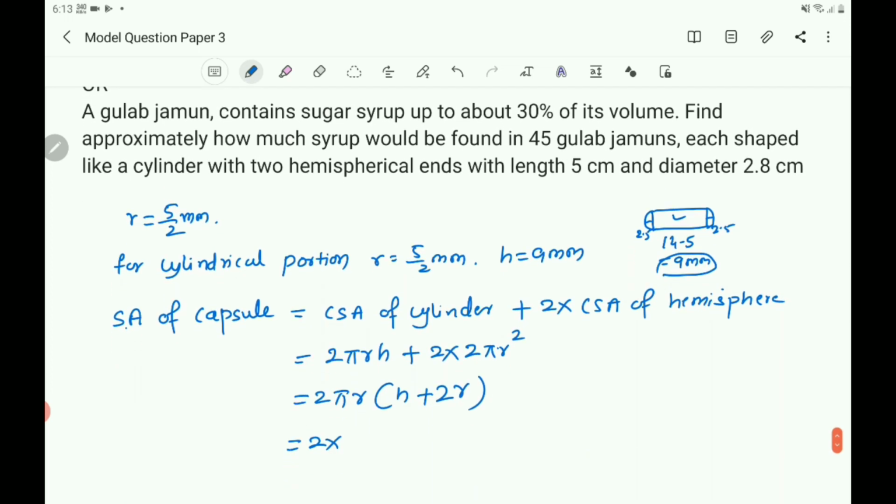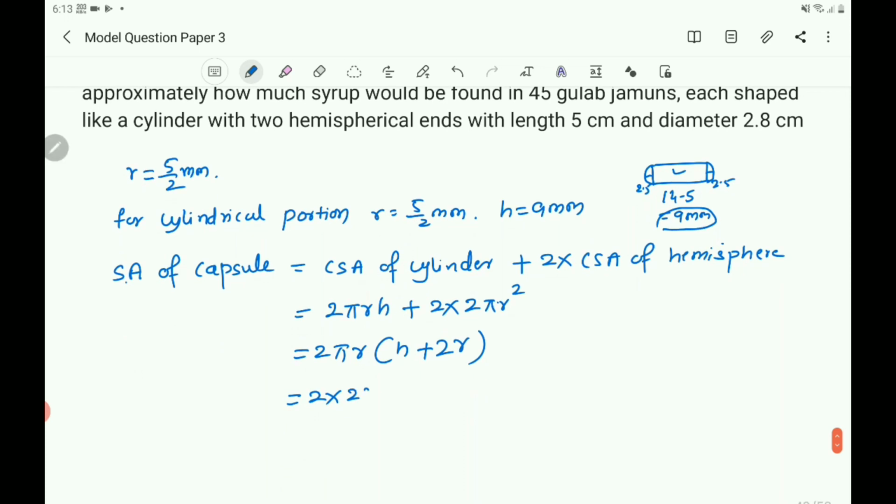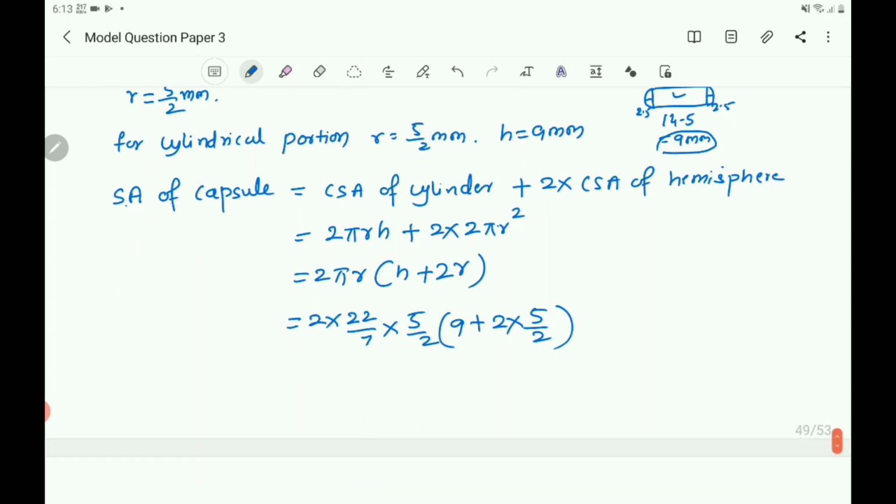Then 2 into, here take the pi value as 22/7, R is 5/2, H is 9 plus 2 into 5/2.